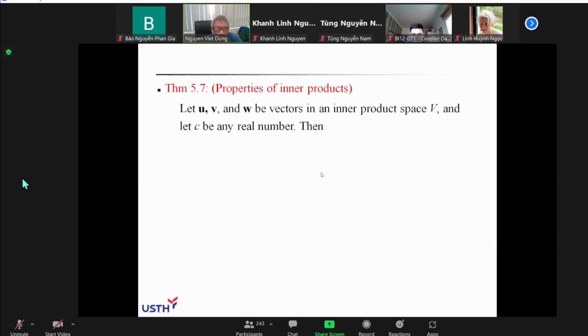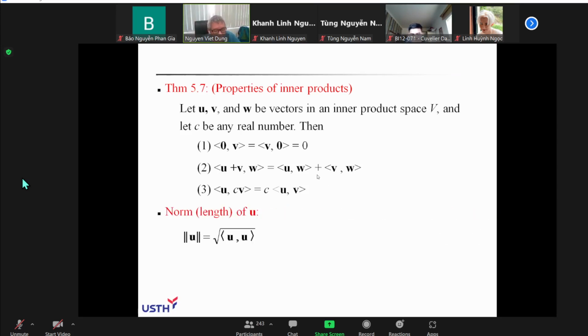Now here are some properties of inner products. We have 3 properties like that. I show them here. I will not explain them in detail, but you can use them in doing your exercises.